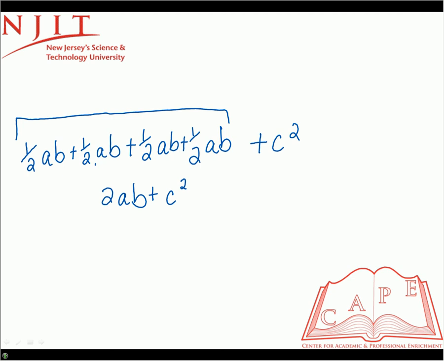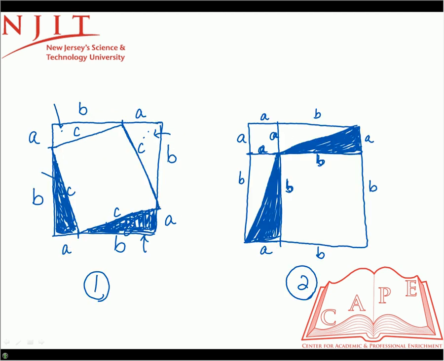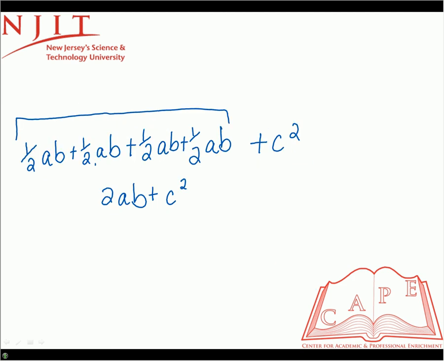Now let's do the same thing for figure 2. Going back to figure 2, we have the same 4 triangles, same equations: 1/2 AB plus 1/2 AB plus 1/2 AB plus 1/2 AB. There's 4 of them, so again it's the same thing, and I'm just going to rewrite it as 2AB because it was the exact same 4 triangles just moved around.